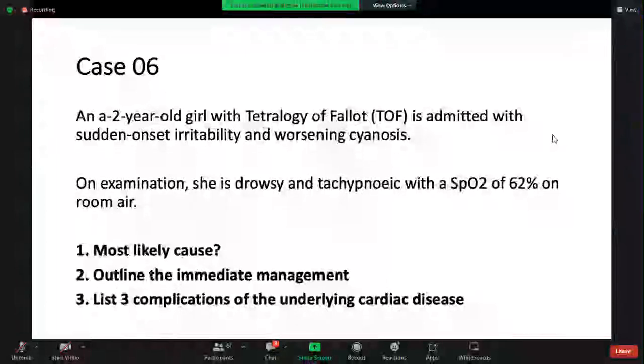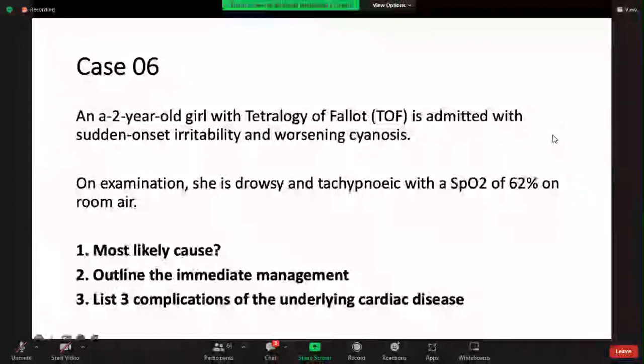So what happened here? A child with tetralogy of Fallot coming with irritability and worsening cyanosis. Saturation on air is 62%. So what is the most likely cause for this presentation?